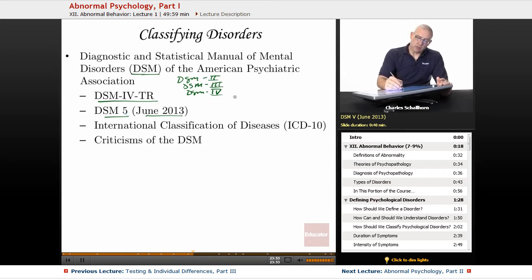Now, that is what we use in the United States, the DSM. The American Psychiatric Association makes the determination of what gets to be diagnosed and what are the symptoms connected with a particular diagnosis. And internationally, there's what's known as the International Classification of Diseases, the ICD-10, and that has a mental illness section in it.